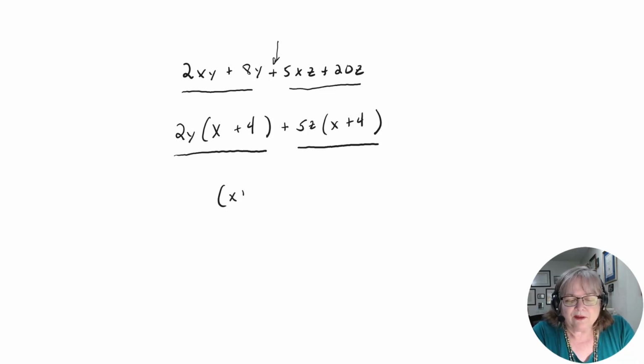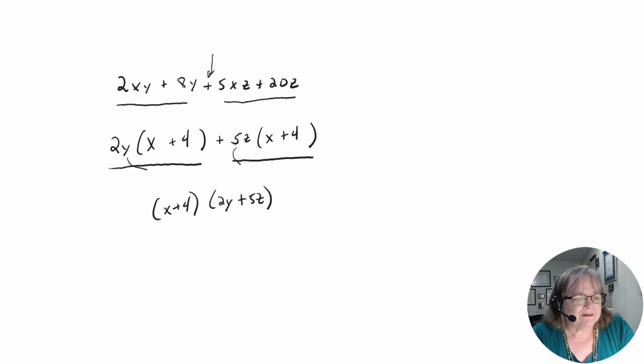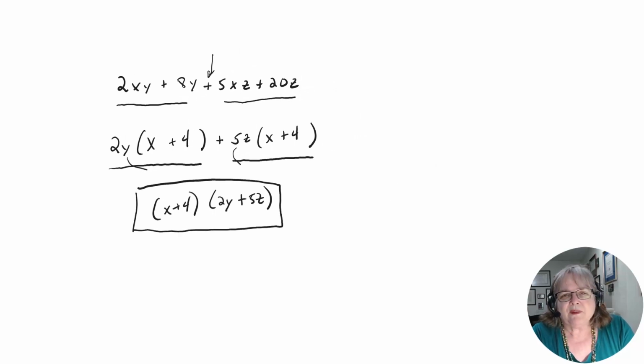So you factor out this x plus 4, and that leaves you this 2y and this plus 5z. And now you have two binomials. And if you're like, well, I'm not sure I'm going to get that, okay, be sure you multiply this out. And if you multiply this out, you will get the original question.